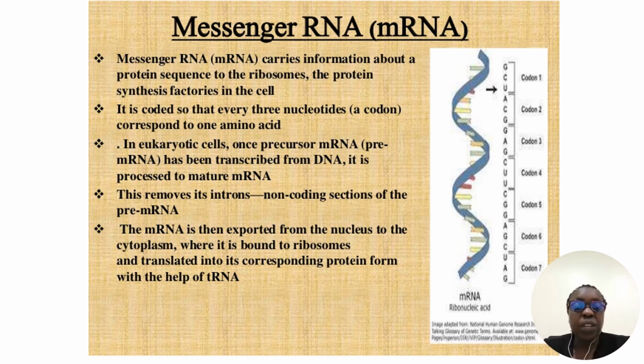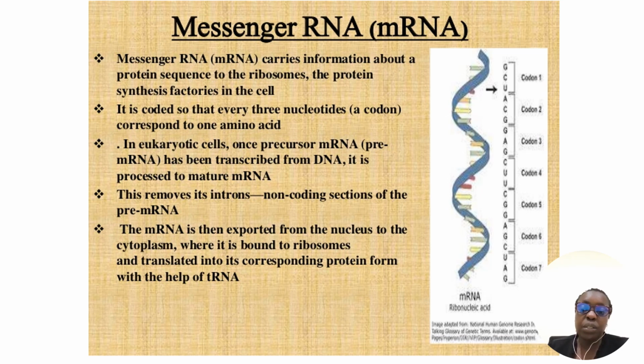Okay, so we have slight differences in messenger RNA of eukaryotes. The messenger RNA is synthesized as a pre-RNA, and it undergoes some post-transcriptional modifications to become a mature RNA, which can be carried to the cytoplasm for protein synthesis.